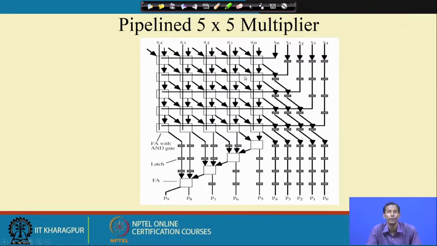Then what will happen for the output case? For the P0 element, it has to pass through a number of delay elements.